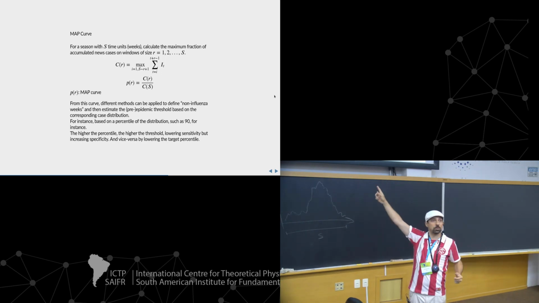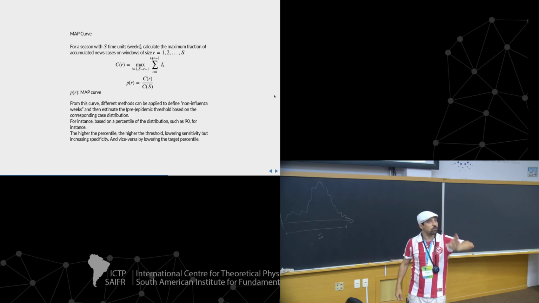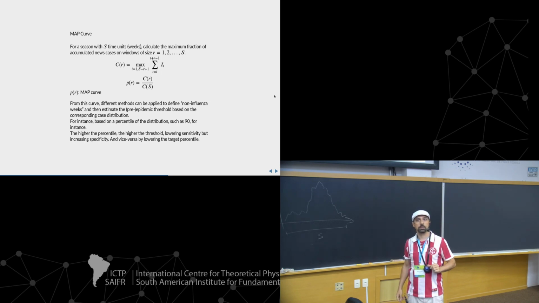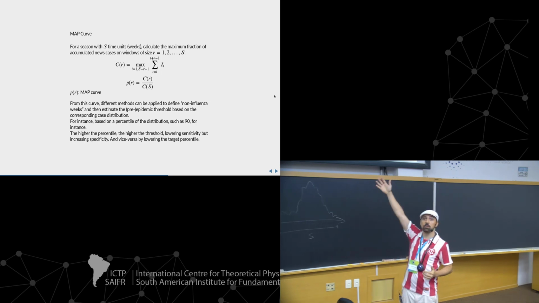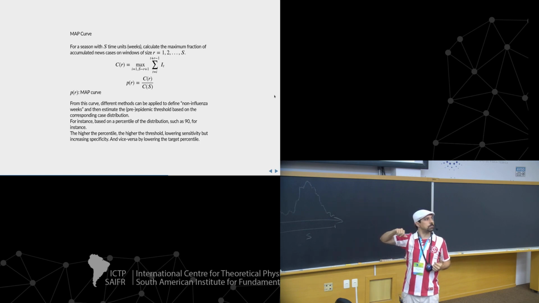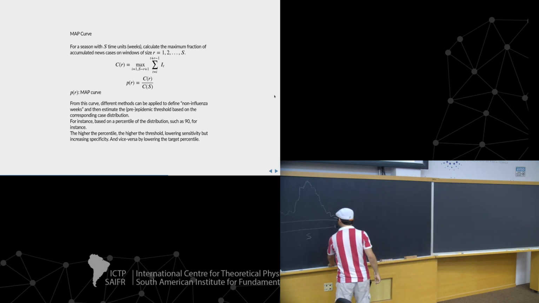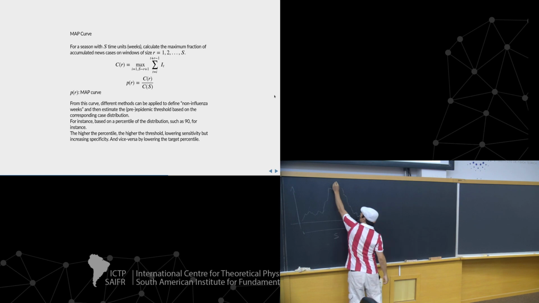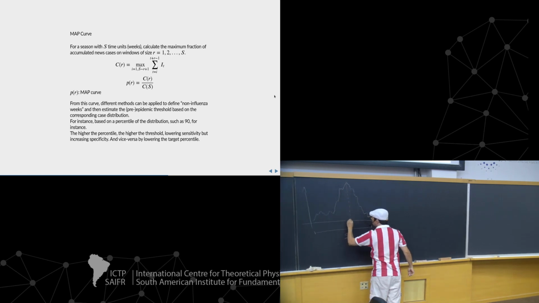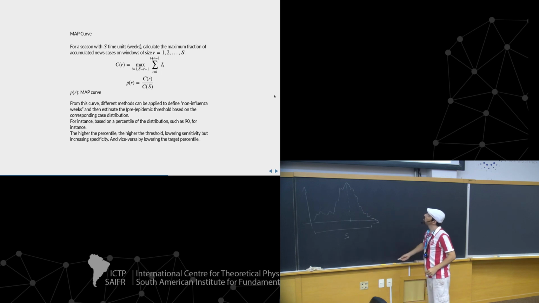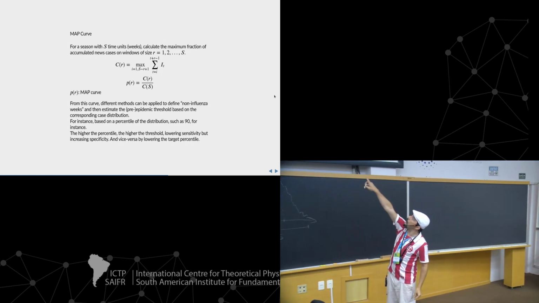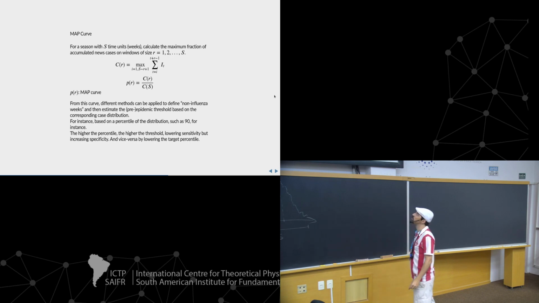Because for window size 1, I'm looking at every single observation. So the maximum value will be the peak of that season. So in terms of when it happened, I know it's here, which is the i within the maximum in the definition of C of R.